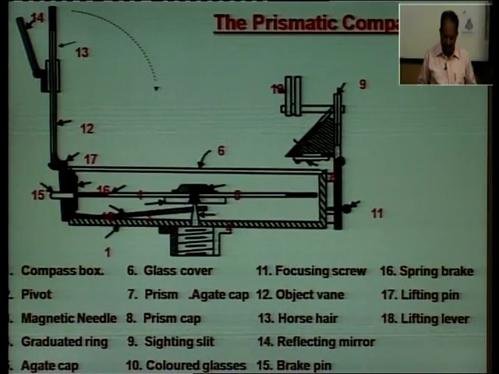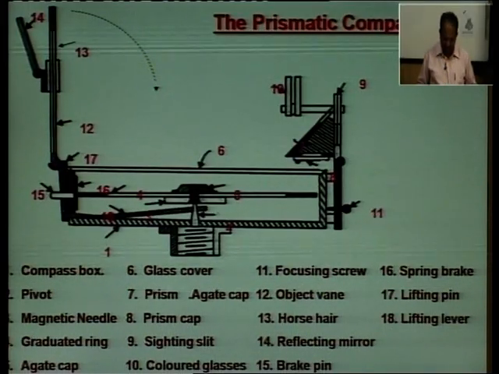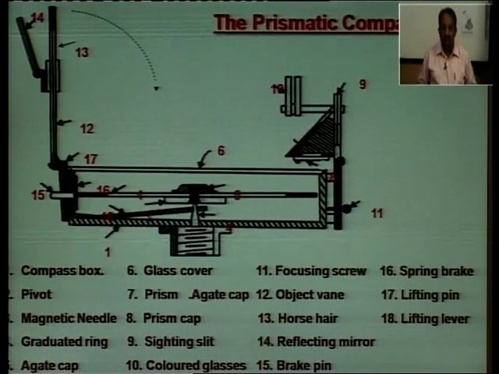The ring is graduated to half a degree, that is to 30 minutes, and is read by a reflecting prism marked as 7, which is protected from dust, moisture, etc. by the prism cap, which is marked as 8.